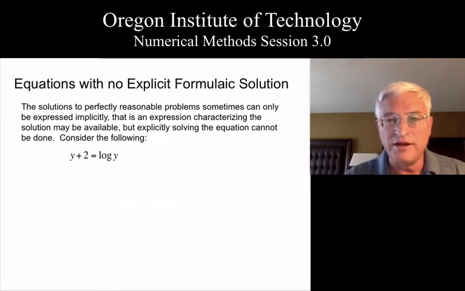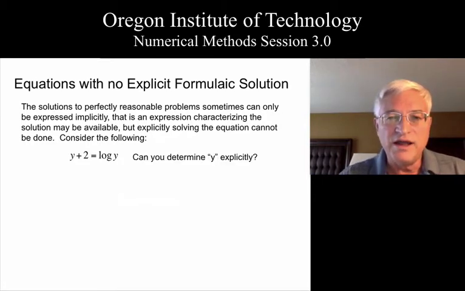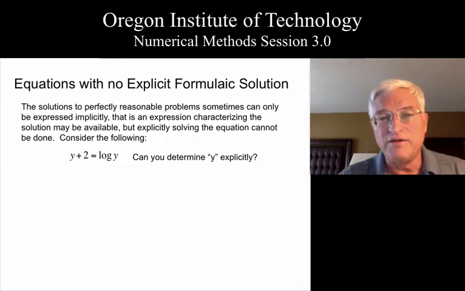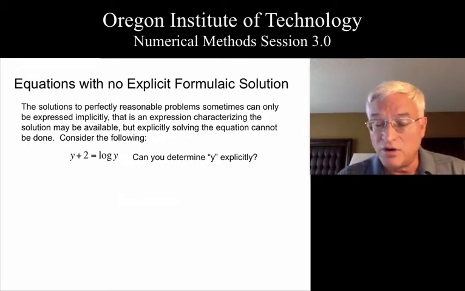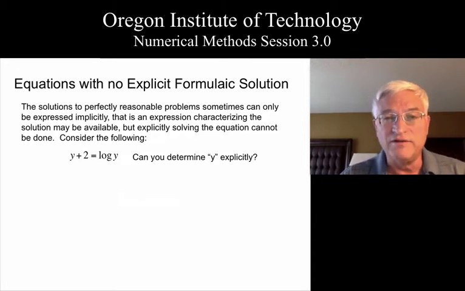How can we then go after a solution to a problem for which we're going to have trouble finding an explicit formula? Well, one method that comes to mind very quickly would be to graph the left side and the right side separately. So we could look at the left side as a linear function of its own, call it f1, and the right side is a logarithmic function, and we can call it f2.